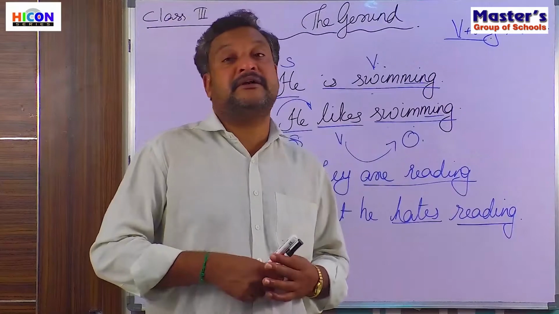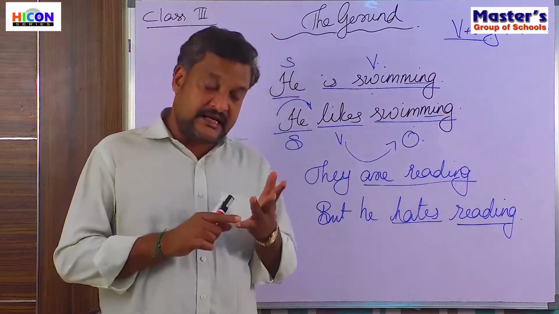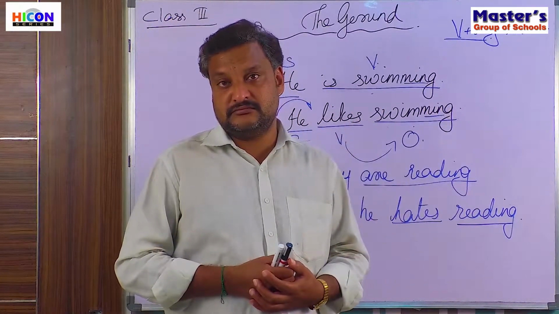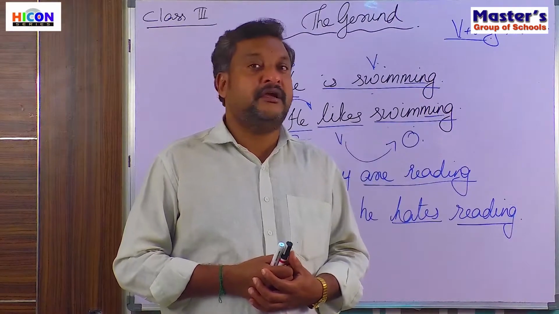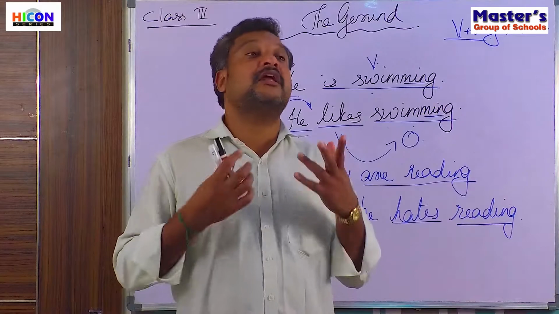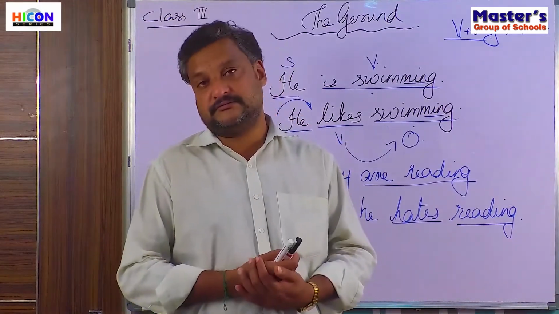Driving without helmet is dangerous. So in the sentence, driving without helmet, driving is a noun. Isn't it? He loves driving bikes. He loves is the verb. Driving bikes, the noun part.